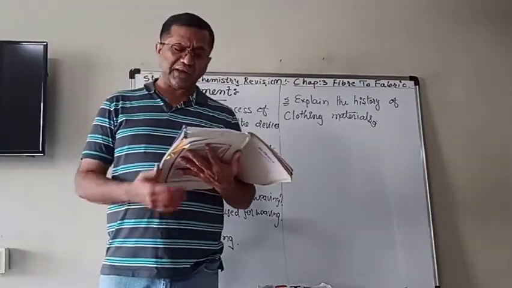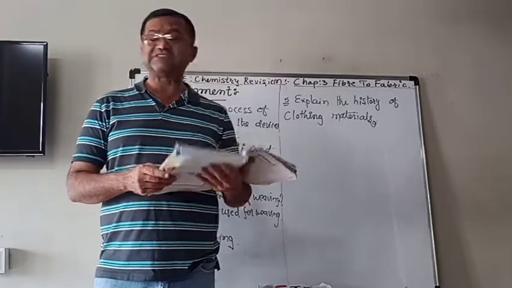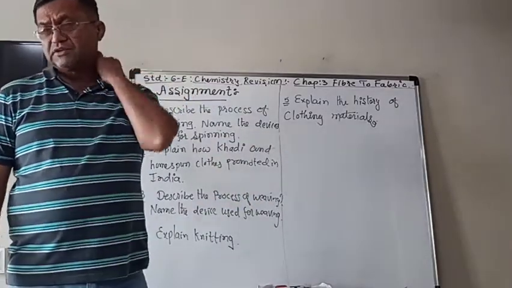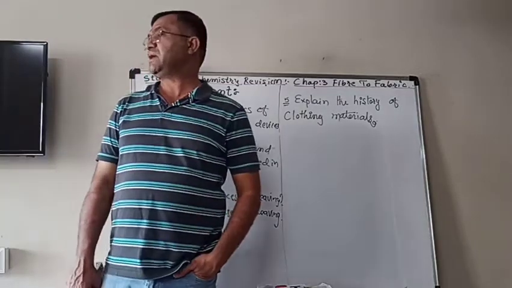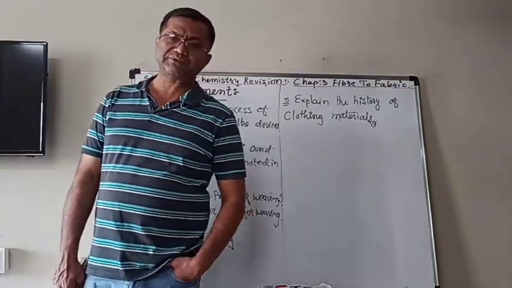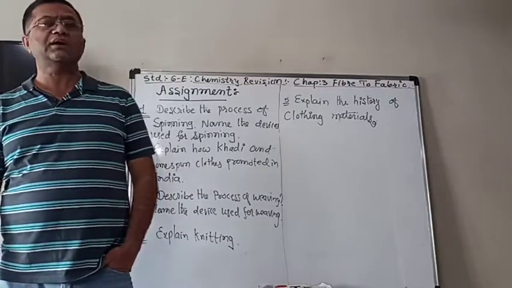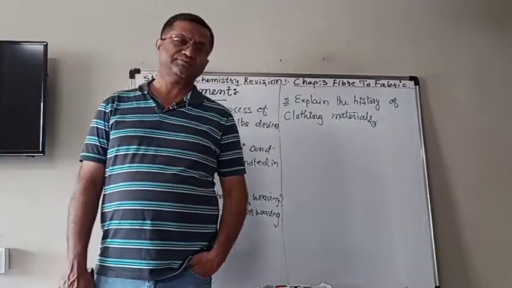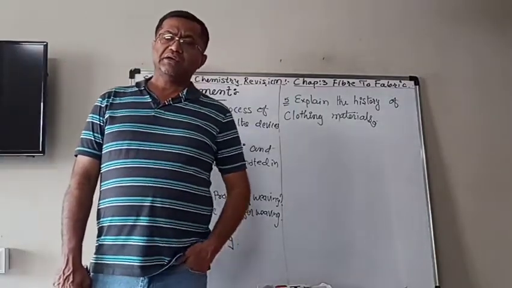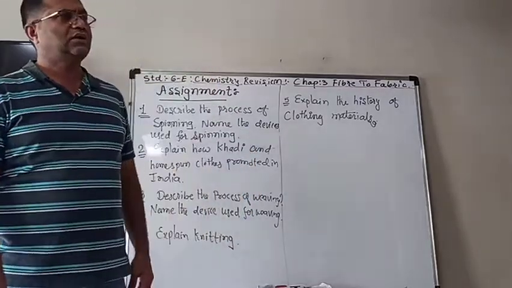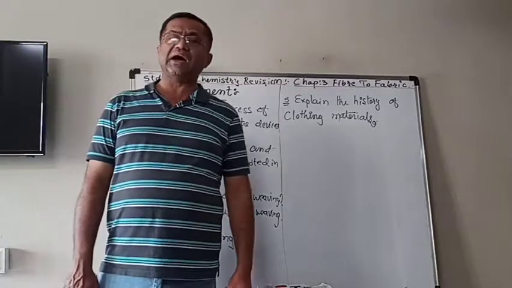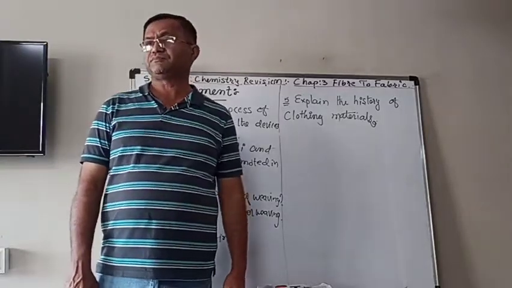Now the natural fibers are of two types: plant fibers and animal fibers, obtained from plants and animals. In the last session we saw that cotton and jute are plant fibers.